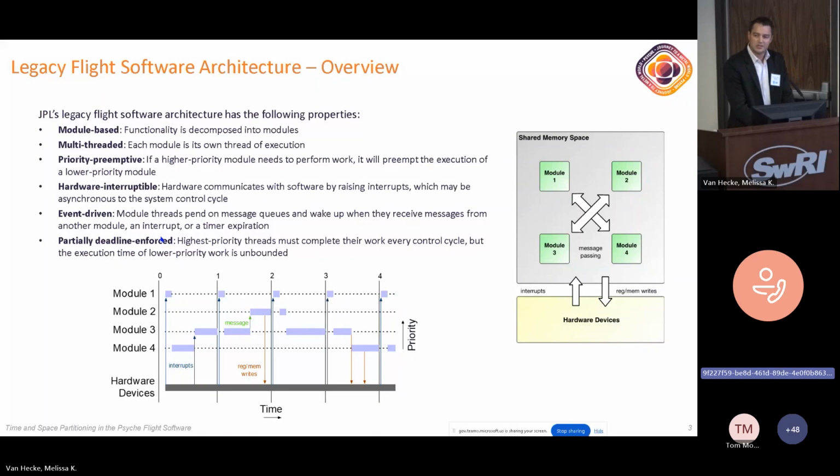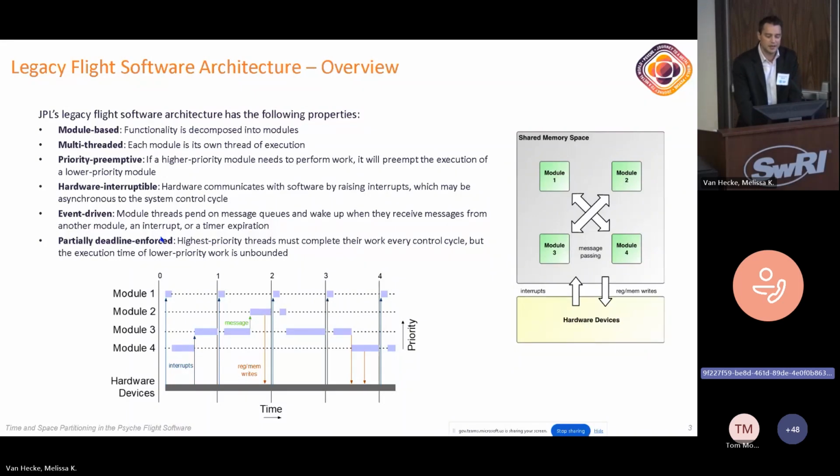And this is a system we can largely think of as event-driven. So we have modules. Modules are threads. They depend on message queues. The message queues wake up when they receive a message and they do work. Messages that are received are going to be from other modules, from an interrupt, or from a timer expiring, some kind of system timer.